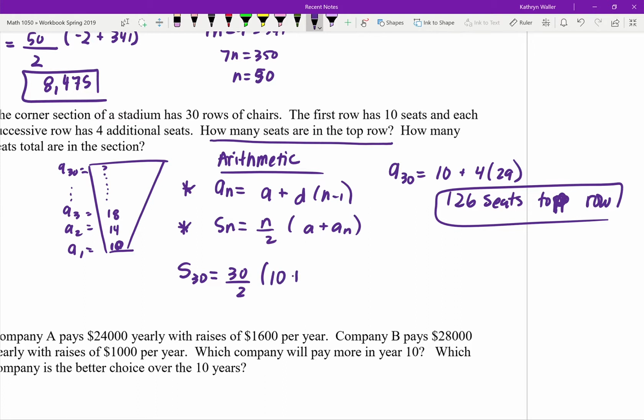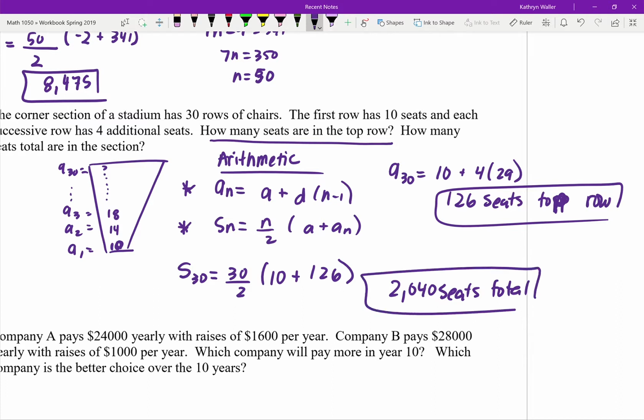First row is a 10 plus, somebody tell me what to put in for A sub n. Yeah, that's A sub 30, which is 126. So you're just going 15 multiplied by 136, and your answer is 2,040 seats total. That's it.